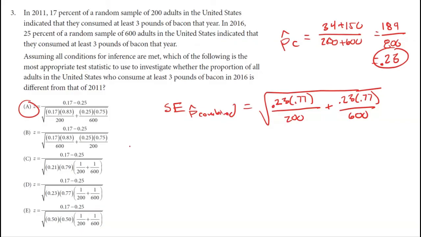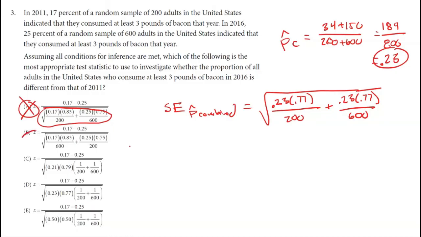But it doesn't use standard error combined in a significance test. When you're calculating that test statistic, you should be using standard error combined. This is standard error treating the two samples separately, and that's a great formula, but for a test, it's not what we want. So sorry, that's not going to be the correct answer.